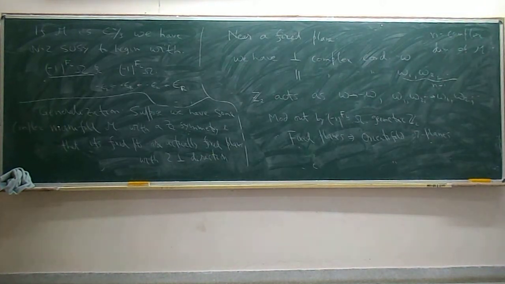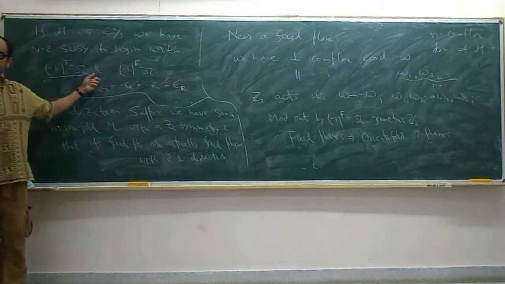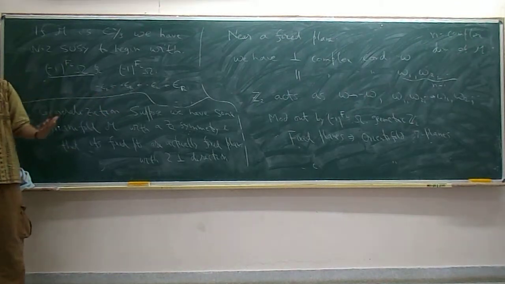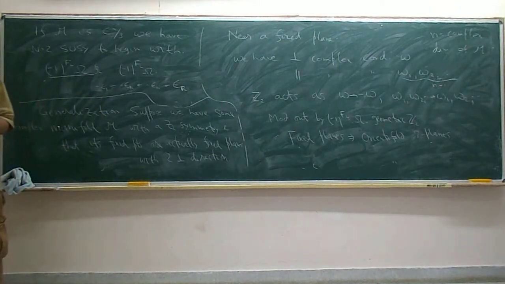Can you repeat how half of the supersymmetries are preserved? Because if we start with a certain set of supersymmetries coming from epsilon R and epsilon L, the ones which have positive eigenvalue under this will be preserved. What I am saying is that this argument shows that because it squares to 1, its eigenvalues are plus or minus 1.